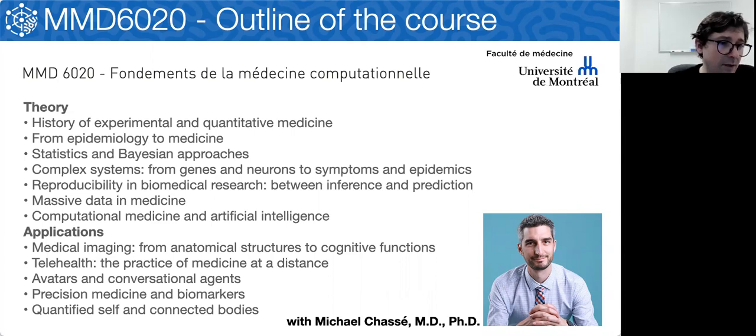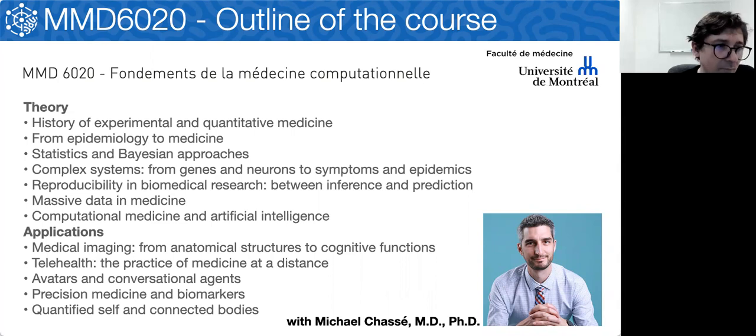And then we cover different key conceptual tools such as Bayesian statistics, complex systems and networks, inference and prediction, how the question of reproducibility in biomedical research is so important, the concept of big data or massive data in medicine, and finally, how computational medicine and artificial intelligence are interrelated.